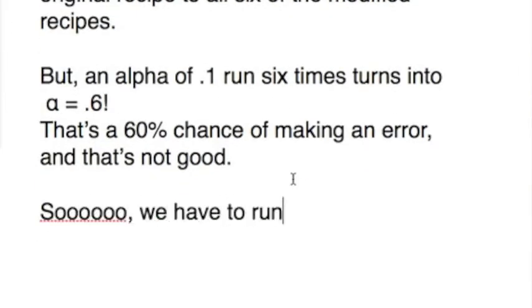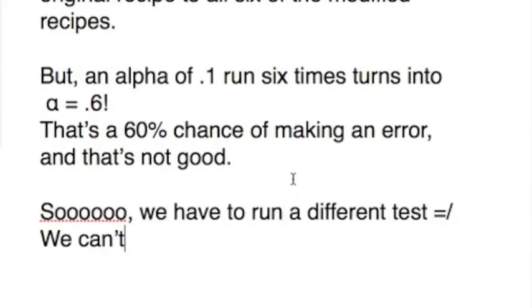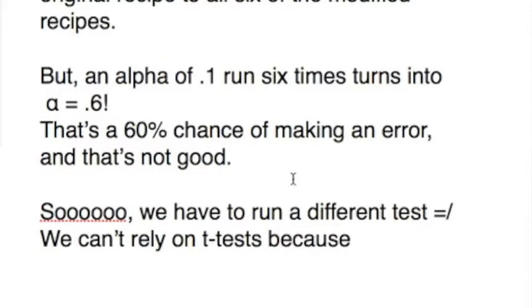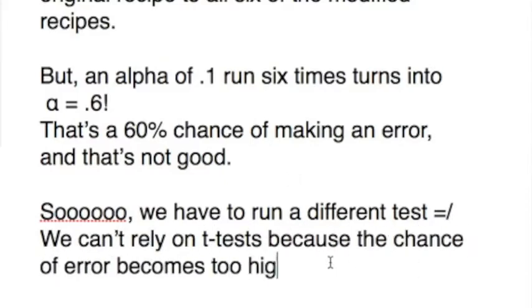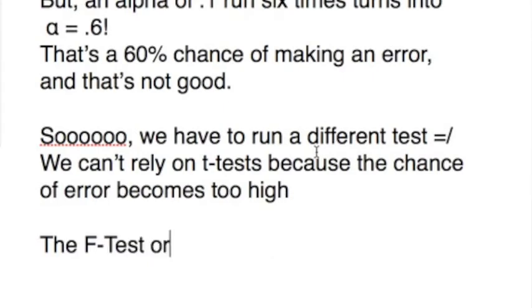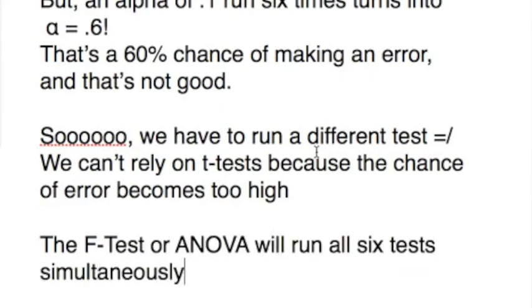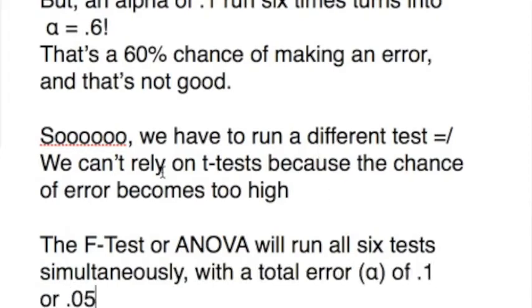Fortunately for us, there is another type of test we can use. The F test, or ANOVA, which stands for Analysis of Variance, is a test that will run all 6 comparisons simultaneously. And our alpha will stay at a low 0.05 or 0.1.